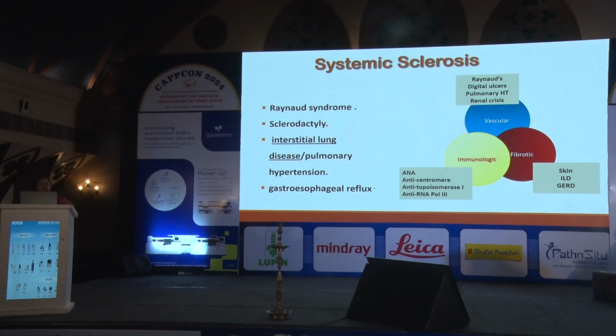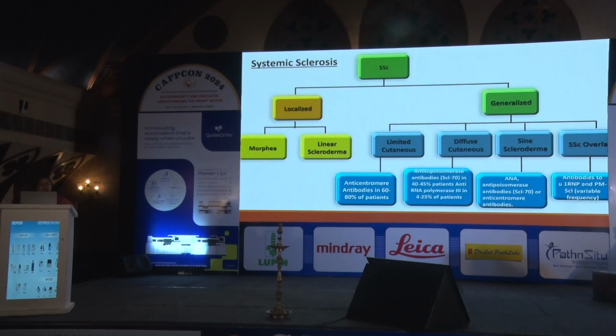Now coming to the systemic sclerosis, the same features with the same clinical context, if there is Raynaud's syndrome or skin thickening, then it can be with the presence of anti-centromere antibody or anti-topoisomerase 1 or RNA polymerase 3, then it can be labeled as systemic sclerosis. So the systemic sclerosis can be localized or generalized.